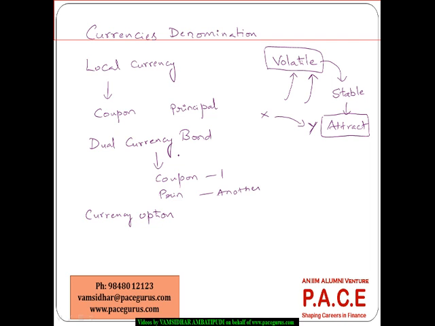Though the definition is that it's a fixed income security, all these differences can create thousands of different bonds floating in the market. So a good understanding of all these bonds and their differentiating elements plays a very important role for any kind of analyst.